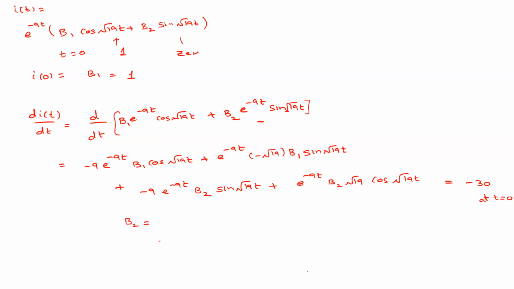Minus 21 upon under root 19. So therefore, what is the final solution? b1 is 1, right?